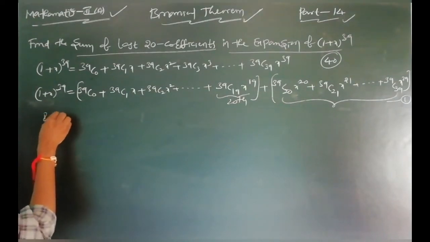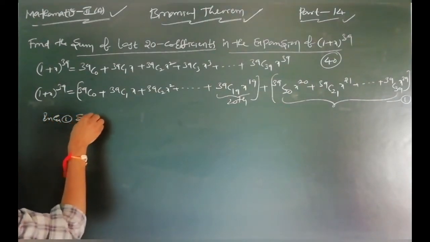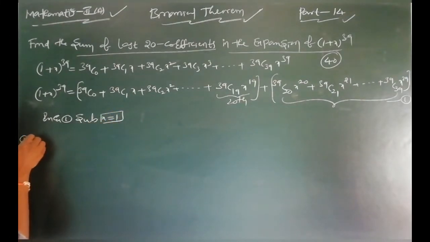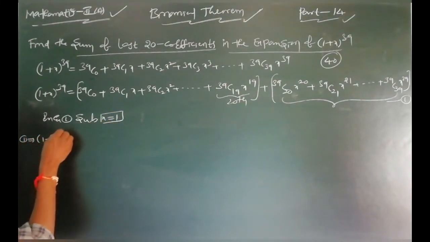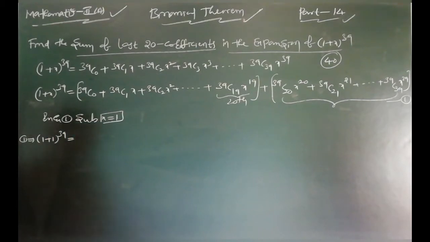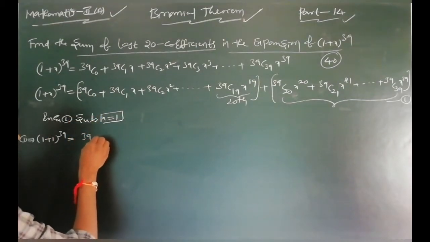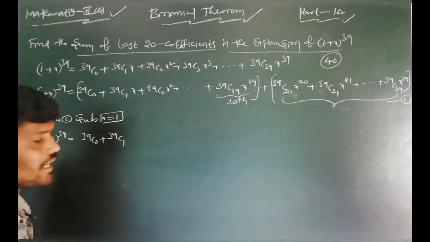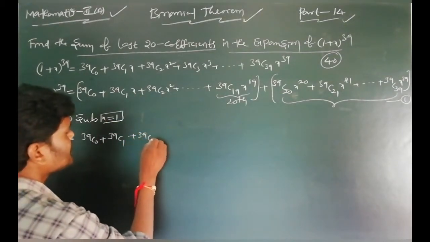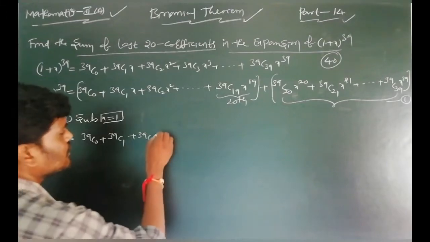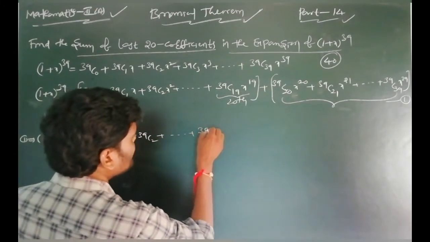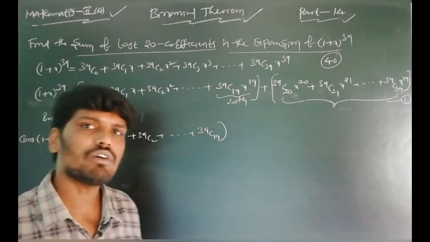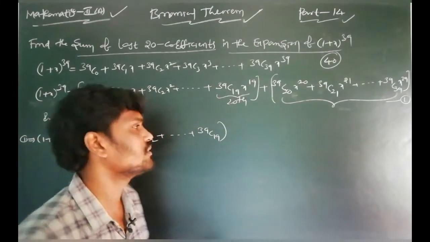In equation 1, substitute x = 1. You get (1 + 1)^39 = 39C0 + 39C1 times 1 + 39C2 times 1^2 and so on up to 39C19 times 1^19. 1 to any power is always 1.